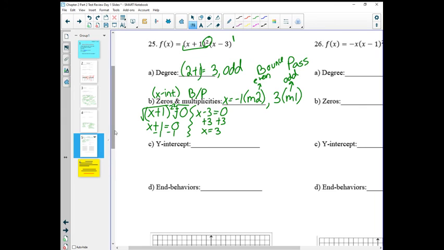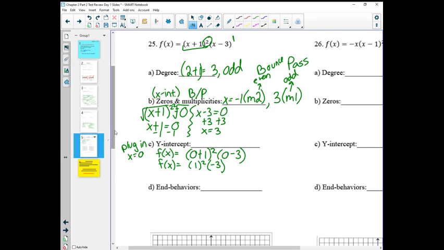Now let's get the y-intercept. To find the y-intercept, we're going to plug in x equals 0. So everywhere we see an x in the function, I'm going to replace it with 0, and then solve. 0 plus 1 is 1. 0 minus 3 is negative 3.